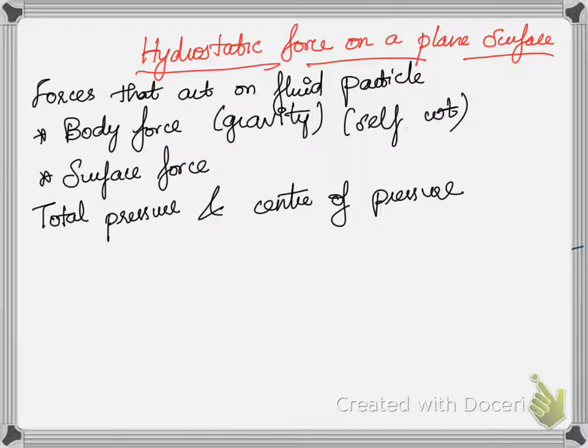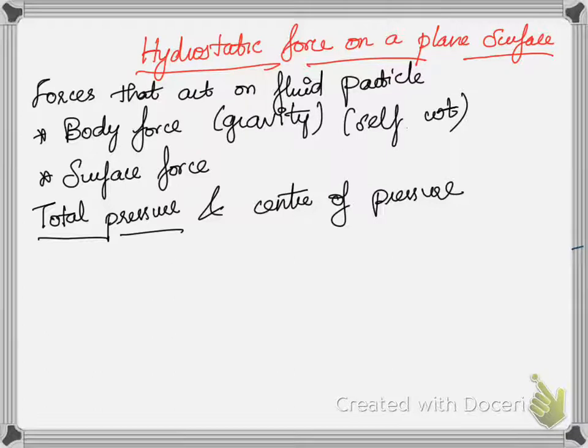That is, it's a sum of mechanical energy per unit volume in a fluid. In simple terms, it is a force which is exerted by the fluid on a surface. Whenever the fluid is coming in contact with the surface, the force exerted by the fluid is called total pressure. Again I repeat, whenever the fluid is coming in contact with the surface, a force will be exerted by that static fluid on the surface, and that is called total pressure.